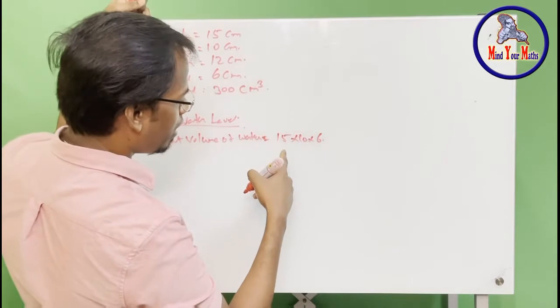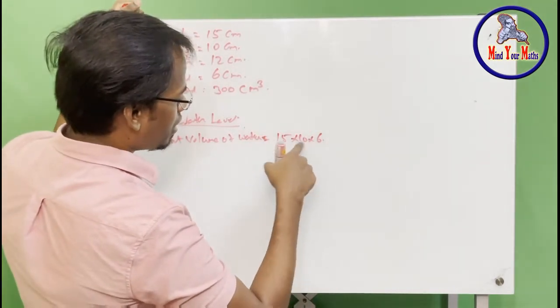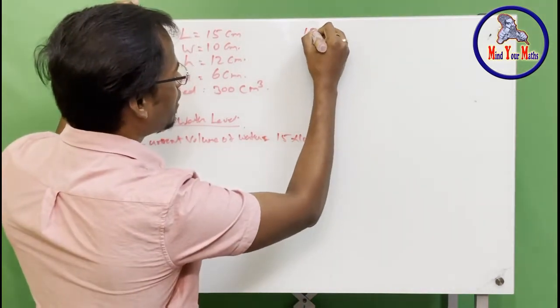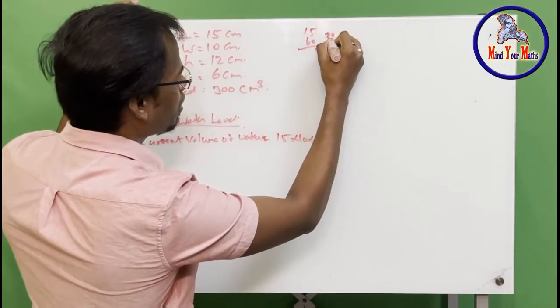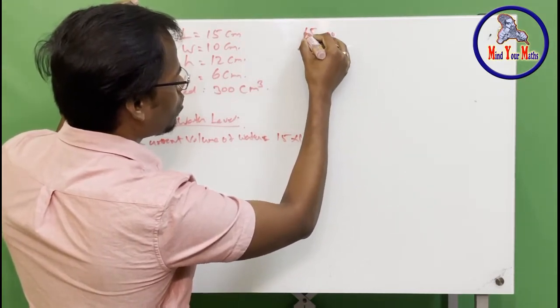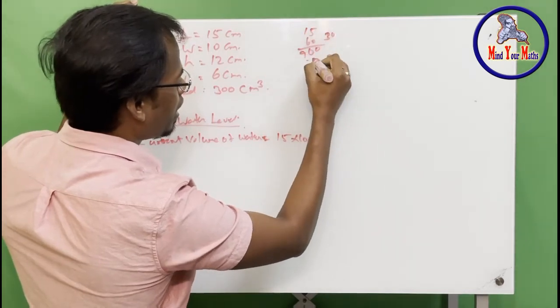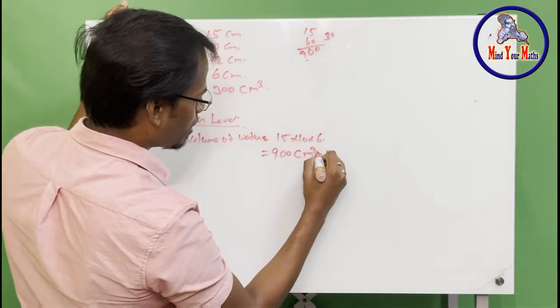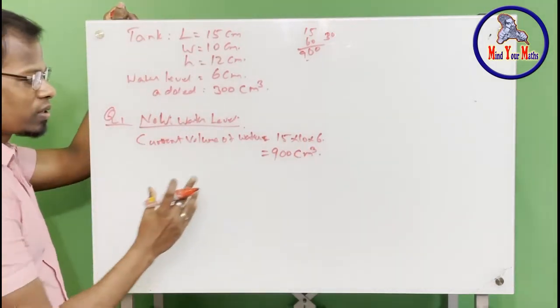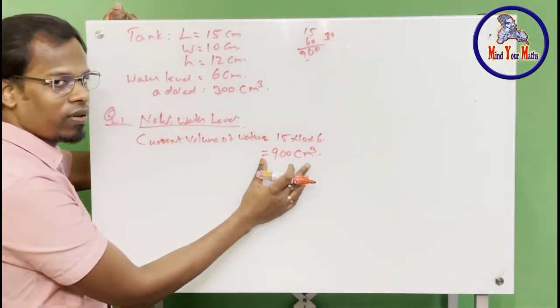So how much will that be? 60 times 15, right? So 15, 60. So put 0. 6 times 5 is 30. And 6 times 1 is 6. Plus 3, 9. 900. So equals 900 cubic centimeters. So that's the current volume of water.